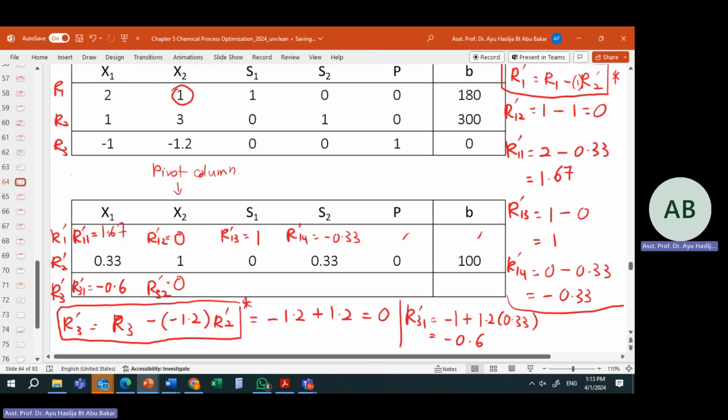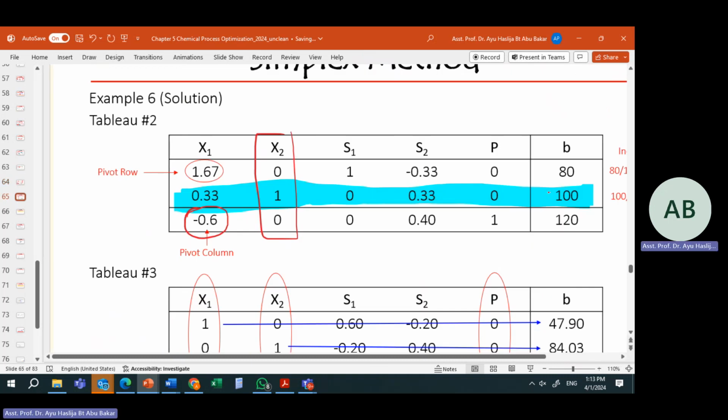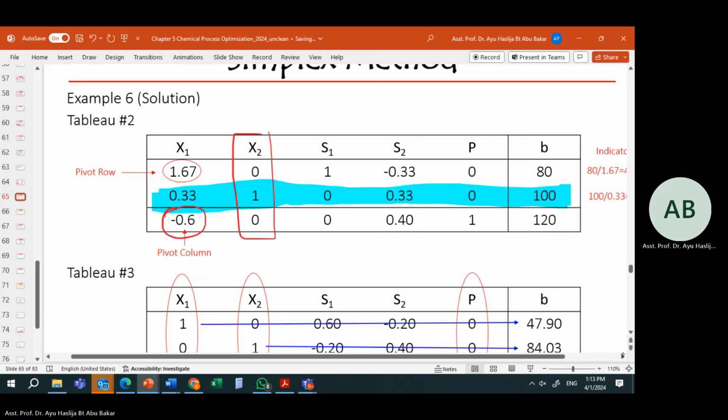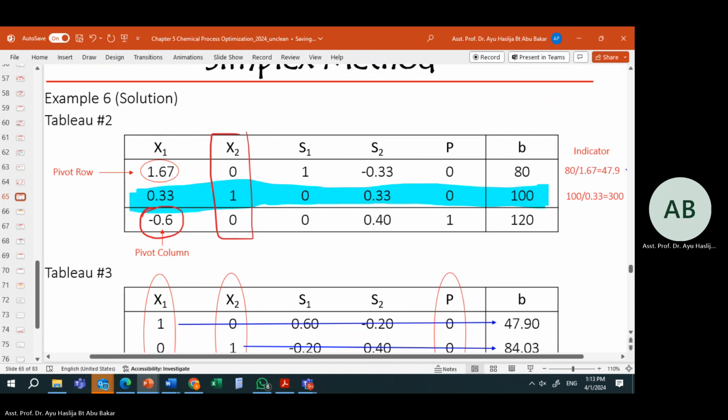So you can try to find out what the other values are. You should get these same figures for the rest. Okay, so this is table number 2, W number 2.